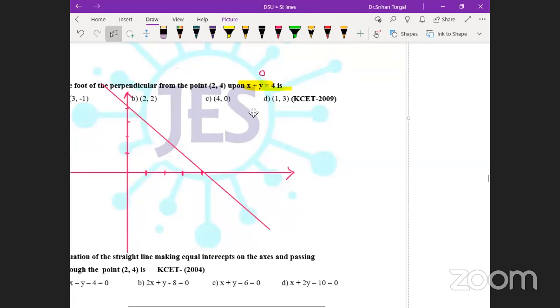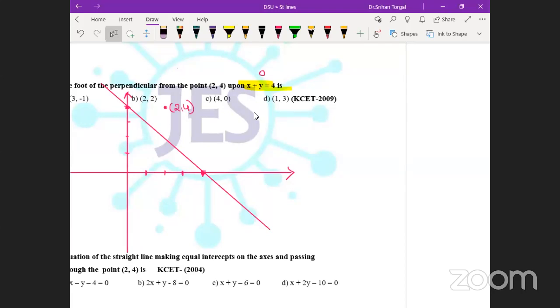So this is the line. Now, where is the point (2, 4)? This is the point (2, 4).